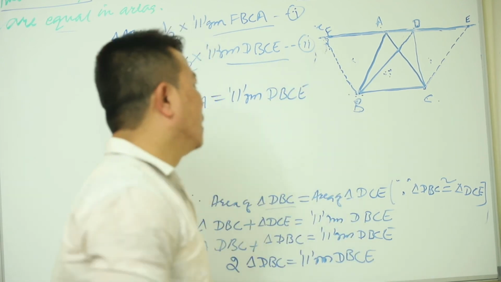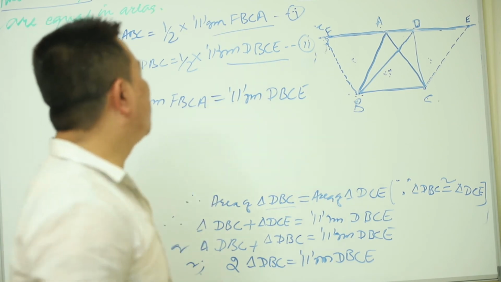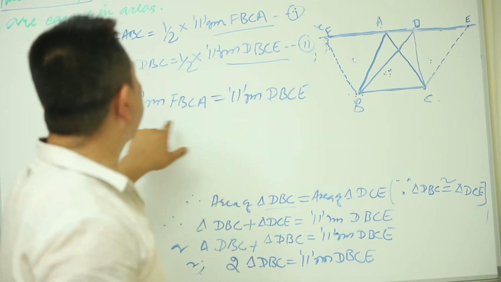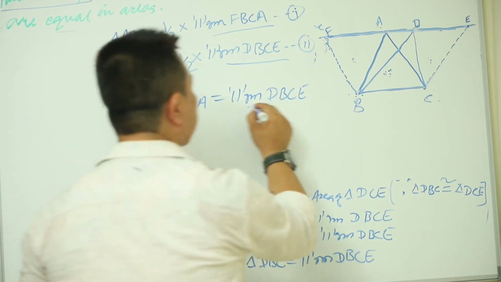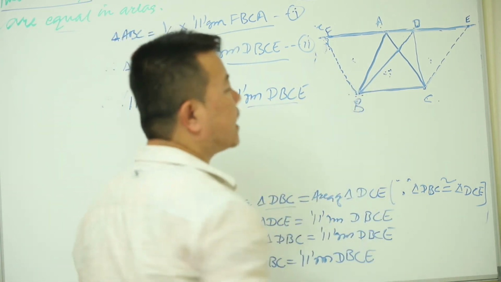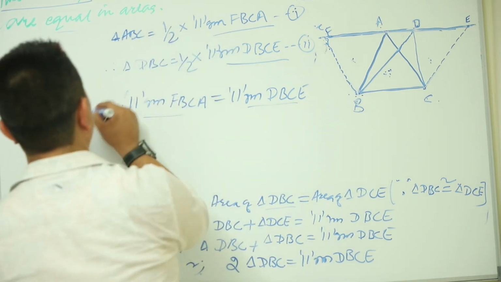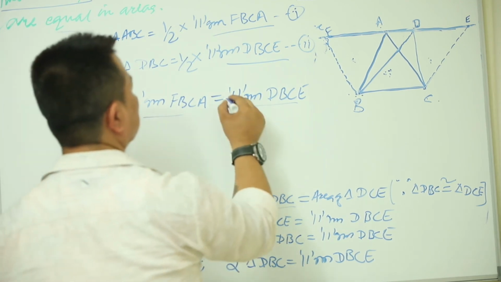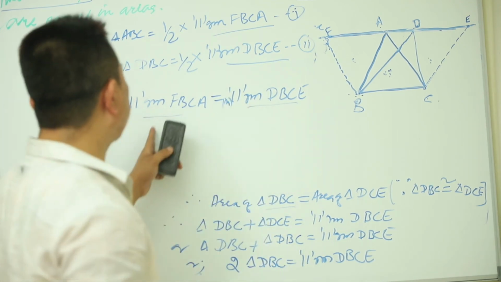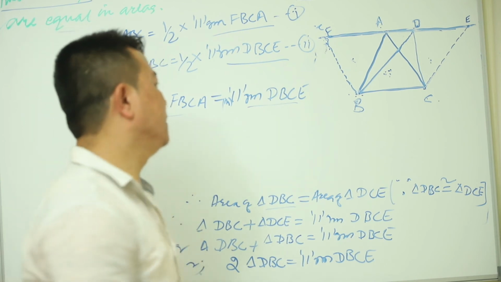Why are they equal? You need to write the reason. As I said, any 2 parallelograms, if they stand on the same base and are between the same parallels, then their areas are equal. Area of parallelogram FBCA is equal to area of parallelogram DBCE.